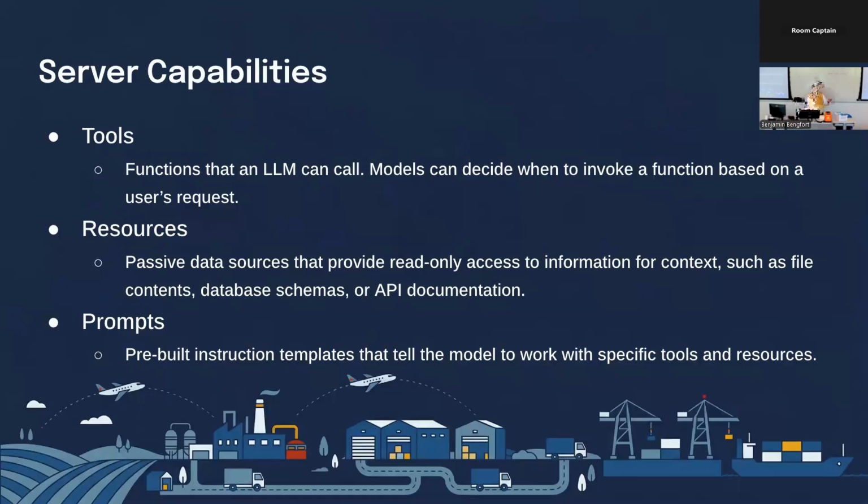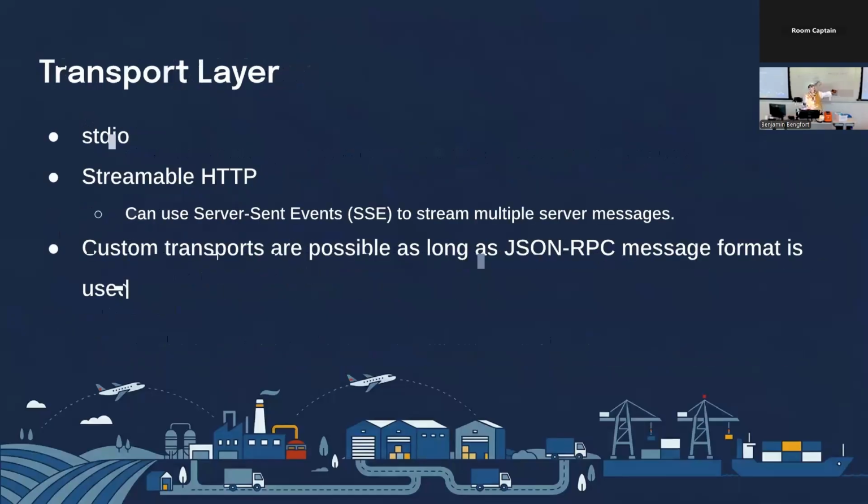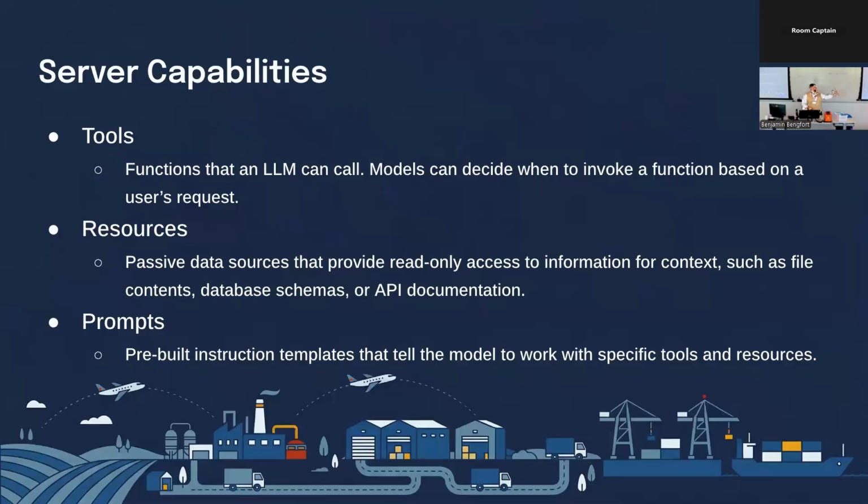Tools are the functions that your LLMs can use, right? So sampling, roots, and elicitation, this is going from the MCP back to the LLM or through your client. Tools is going from the LLM to the MCP server, right? So hopefully that's not too confusing, but we're going to be primarily looking at tools. This is the main thing we want. We want to equip our LLM with this tool calling capability.